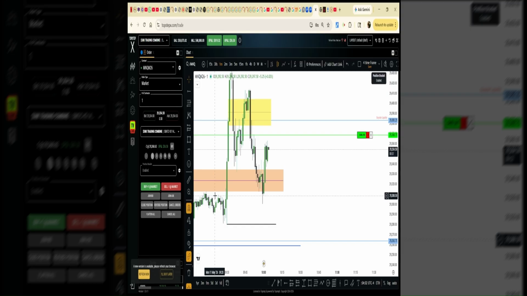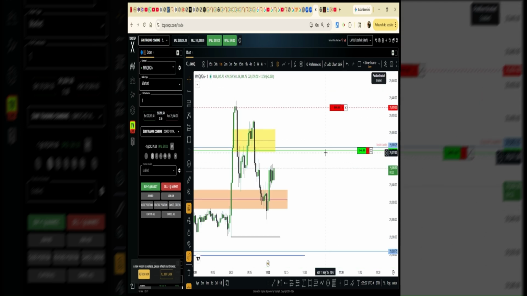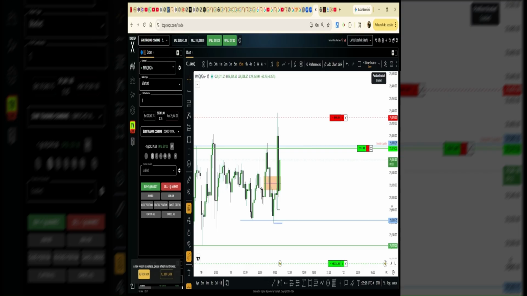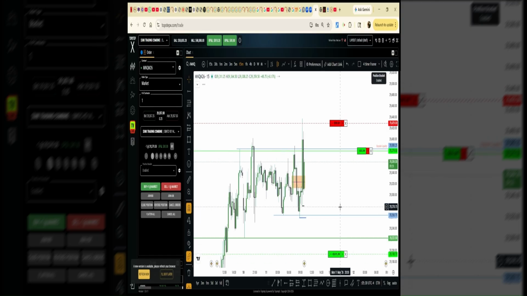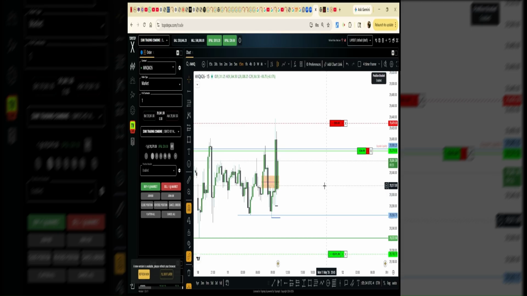I'm starting to see it still wants to continue going up, even though we have the idea of going down. I don't want to be married to the idea of going down. Price is still showing willingness to continue going higher.